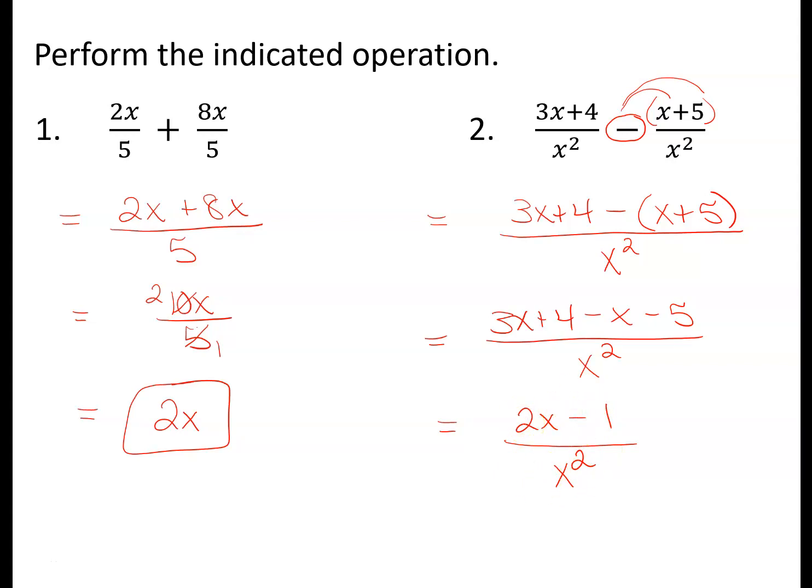I would check to see if I can factor that numerator, but it cannot factor, so it cannot simplify. If it could factor, I would need to factor it and then check to see if I have any common factors to divide out. But the main thing I want you to learn from that example is that you have to distribute that minus to all the terms in the second numerator.